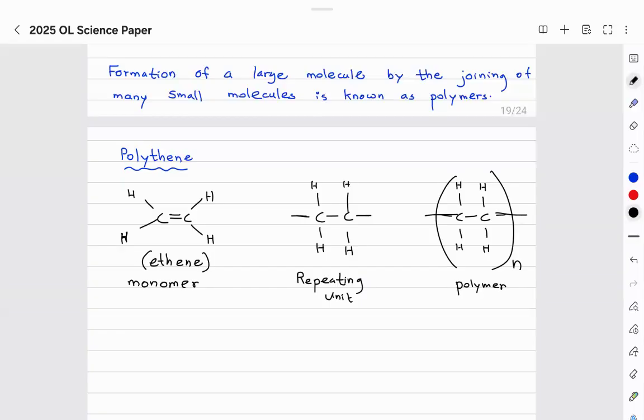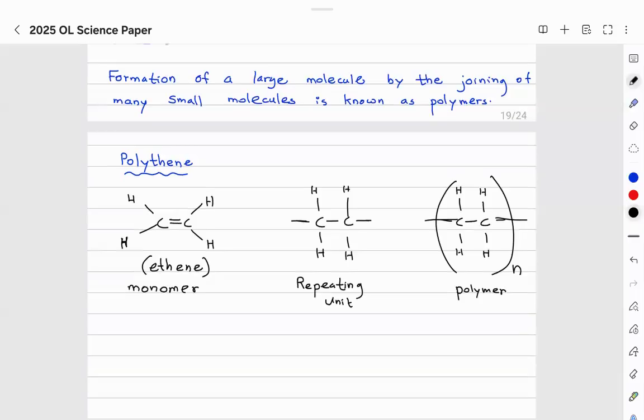What will happen? The double bond is broken, and then this is the repeating unit. This repeating unit is connecting to each other n times, maybe 1,000 times, a million times. Then it's a large molecule, a macromolecule.